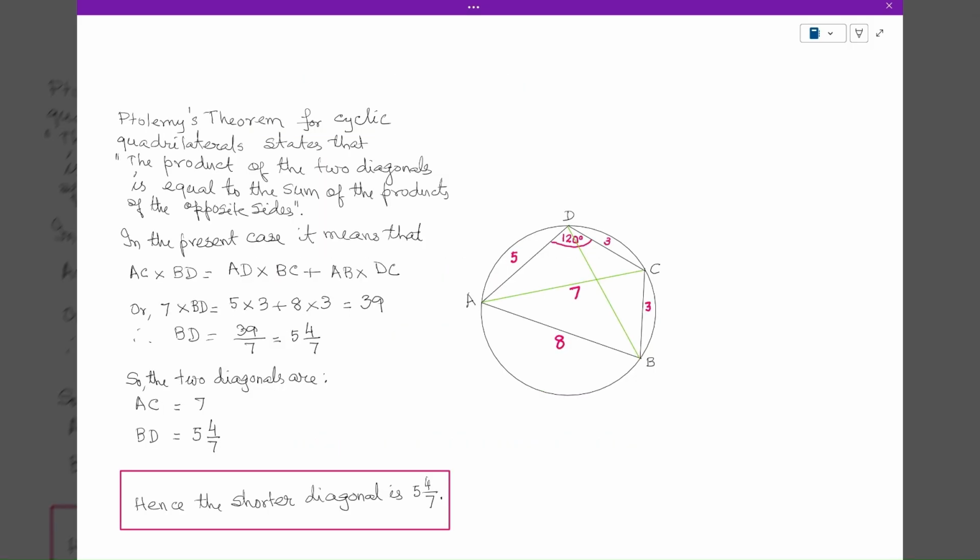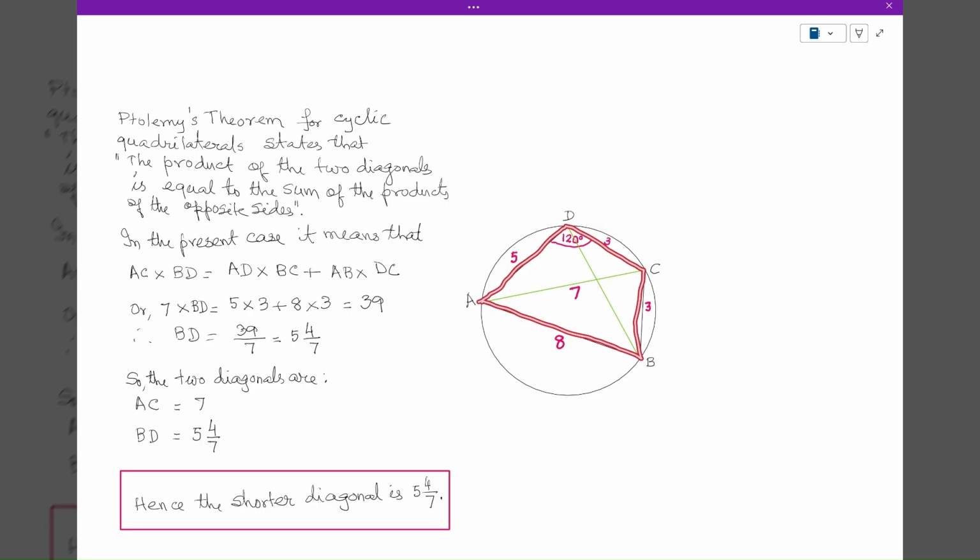Finally, we'll use Ptolemy's theorem for cyclic quadrilaterals, which states that the product of the two diagonals of a cyclic quadrilateral is equal to the sum of the products of the opposite sides. That is, in this diagram, ABCD is the cyclic quadrilateral.